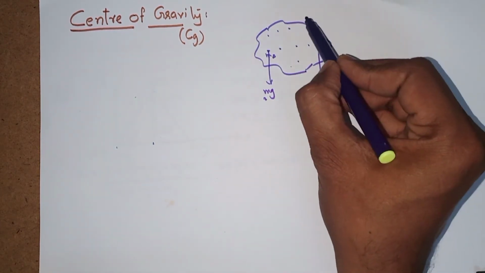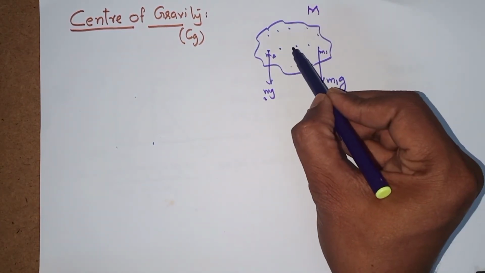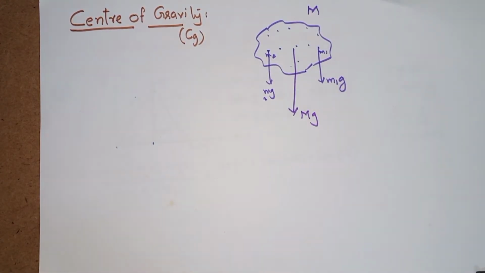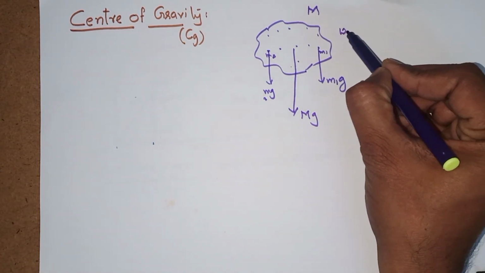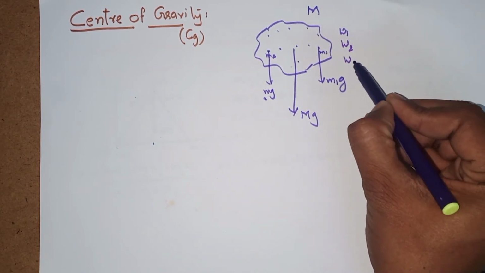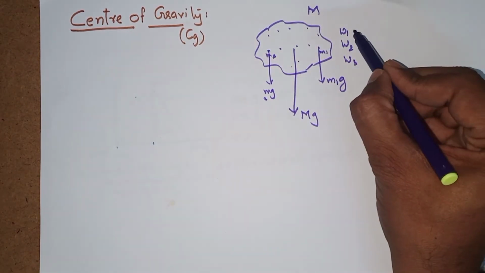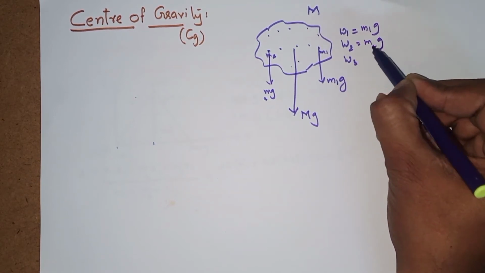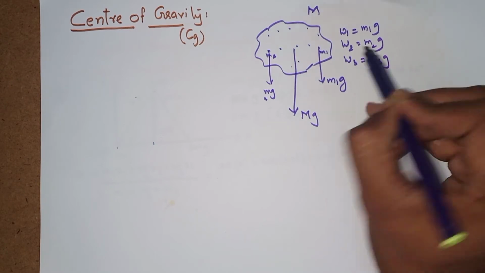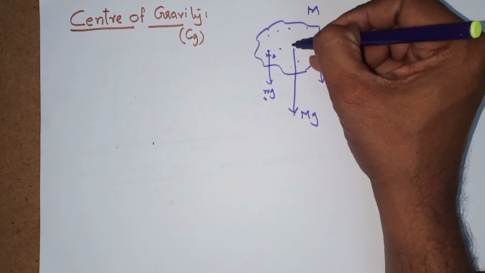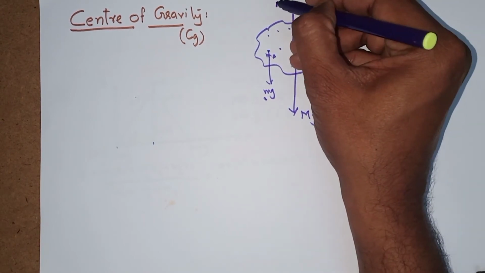The entire mass of the cardboard is M, so let us say the entire weight is M into g. Now say W1 is the first mass particle, W2 is the second, W3 is the third, like several mass particles are considered: M1g, M2g and M3g. If you are balancing it, the force which is upward is called the normal force.